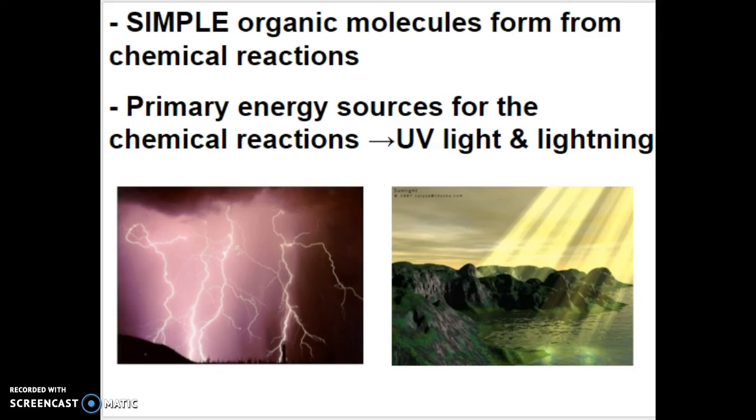So all of the ultraviolet light from the sun can reach the surface of the earth. Ultraviolet light is very conducive to mutations in DNA, and lightning could also have been another possible primary energy source for chemical reactions.